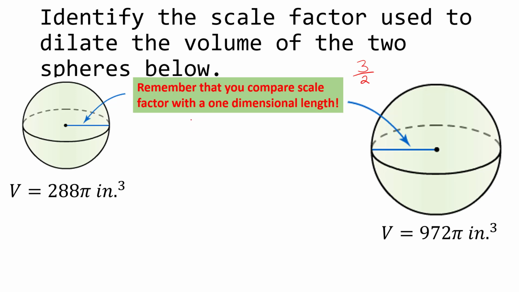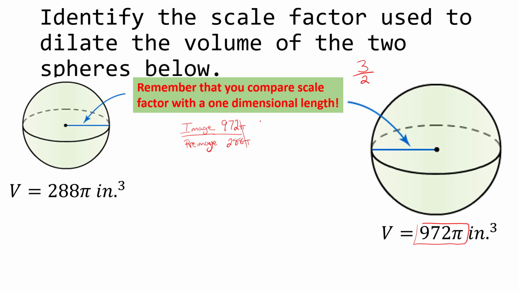The secondary process still deals with setting up a ratio of your image to pre-image, except this time we're going to use our volume values. So 972 pi over 288 pi.